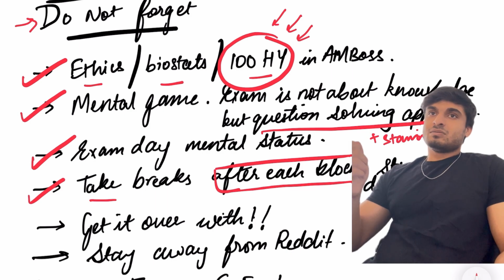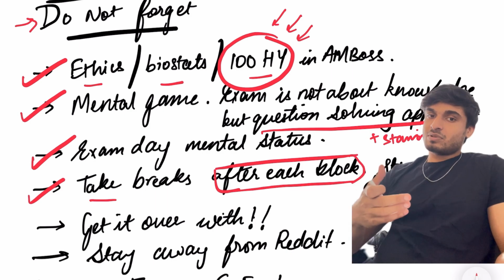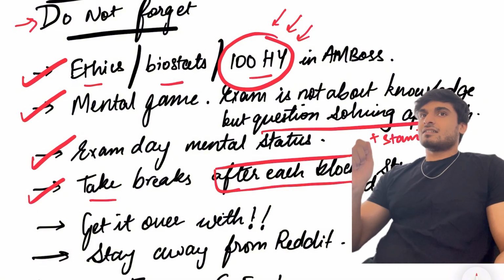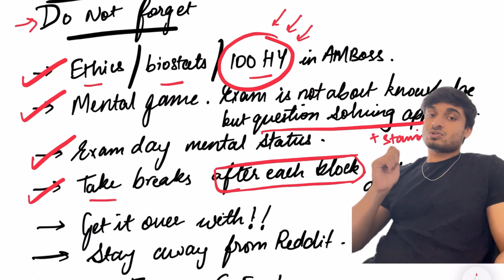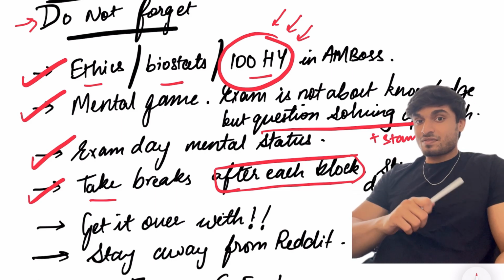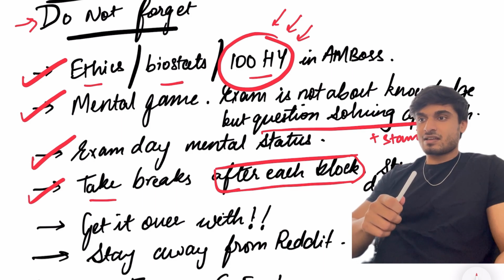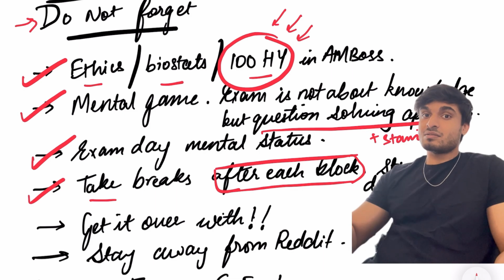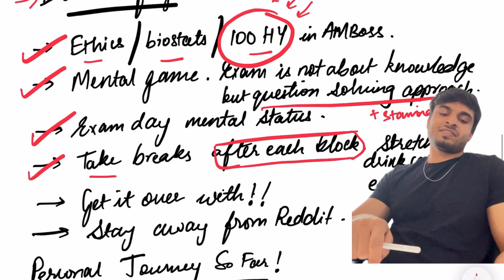I would nibble on my protein bars, have a little bit of water, go to the bathroom, and I would also stretch. During my Step 1, I made some mistakes. I remember that some of the blocks I was really sleepy, but this time I was not sleepy at all during Step 2, because I was always stretching, going to the bathroom, taking my breaks.